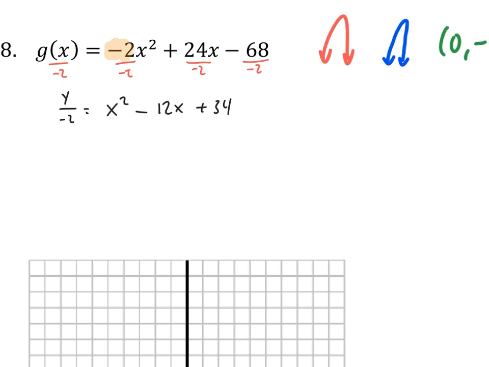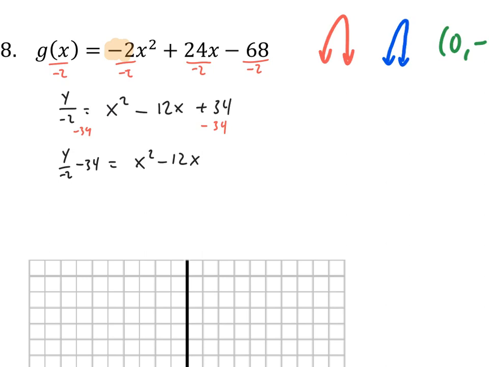And then we want to get rid of that 34, to create the space to put our perfect number. So y over negative 2 minus 34 equals x squared minus 12x.